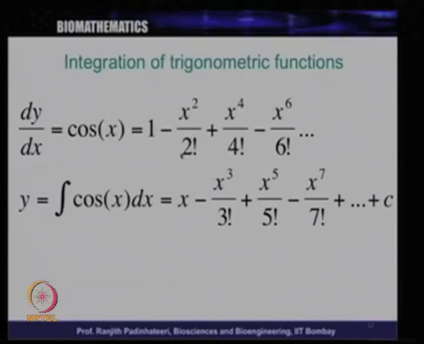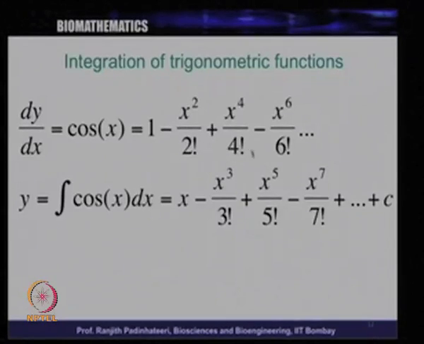So, 2 factorial means 1 into 2, 4 factorial means 1 into 2 into 3 into 4, and 6 factorial means 1 times 2 times 3 times 4 times 5 times 6. So, dy by dx is cos x, equal to 1 minus x square by 2 factorial plus x power 4 by 4 factorial minus x power 6 by 6 factorial, and so on and so forth.